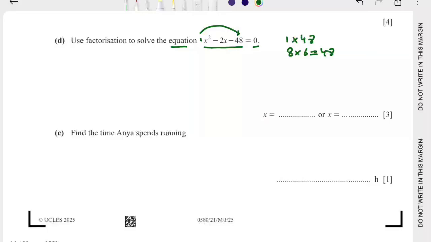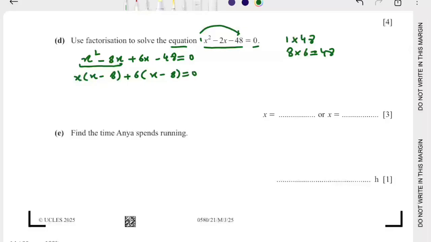Now we split the middle term: x square minus 8x plus 6x minus 48 is equal to 0. Take x common, x minus 8, and plus 6 is common, x minus 8 is equal to 0. The common factor is x minus 8, and then x plus 6 is equal to 0.